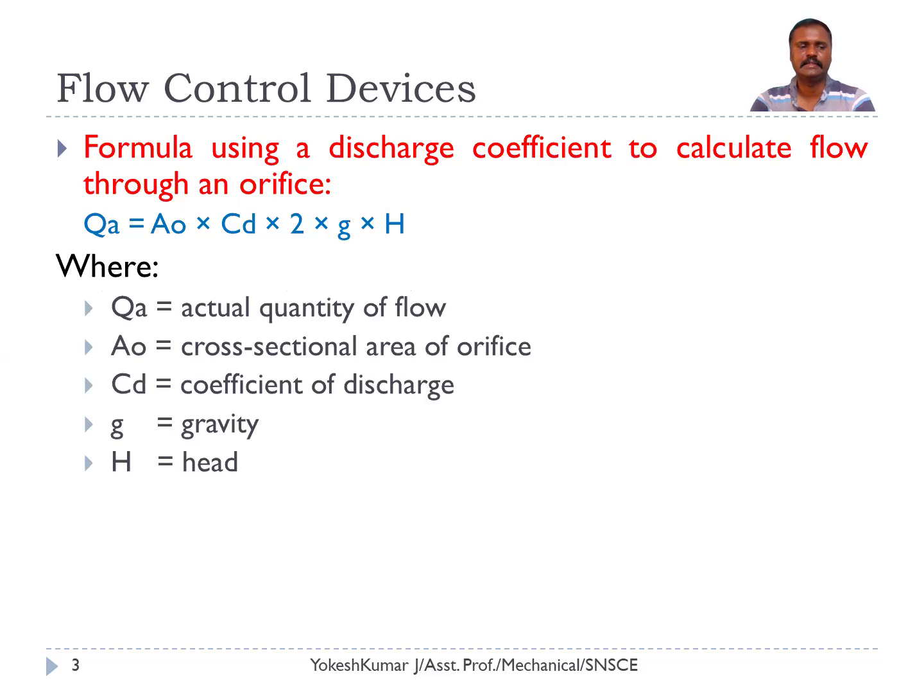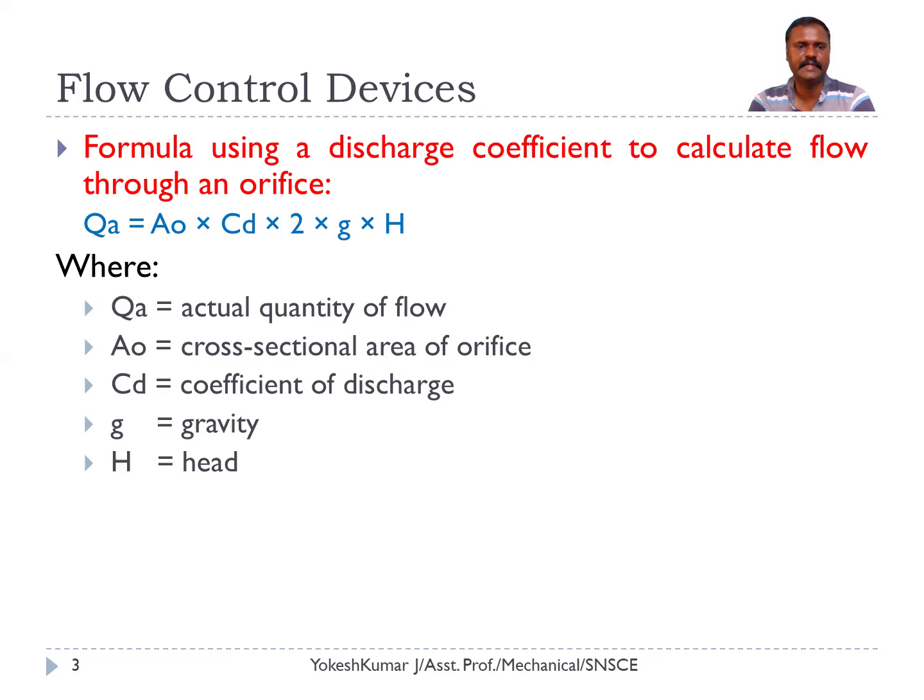So we know that the formula used to calculate the flow rate of the fluid, that is discharge, is denoted by the letter Q, where QA is the actual quantity of flow, proportional with the area and coefficient of discharge and gravity head.